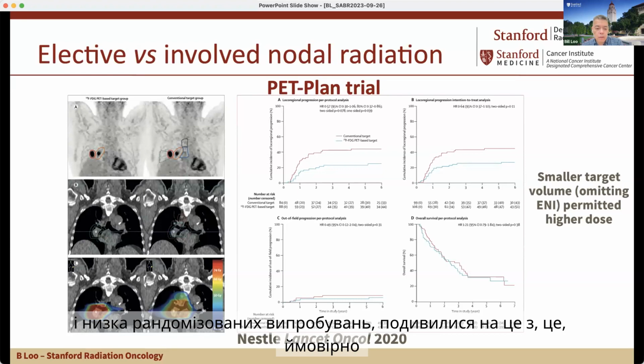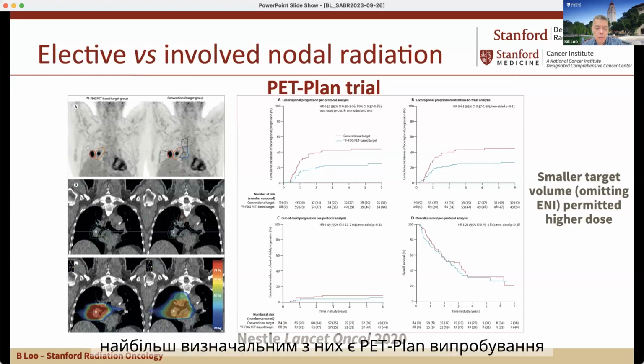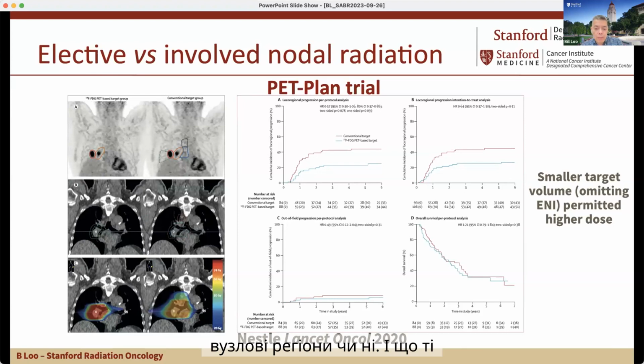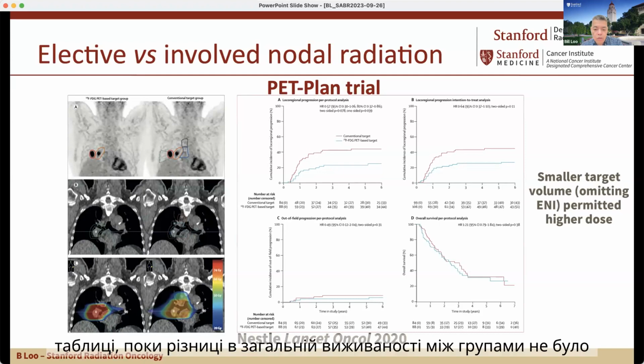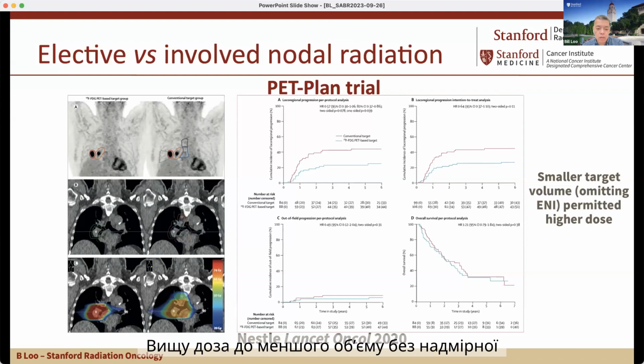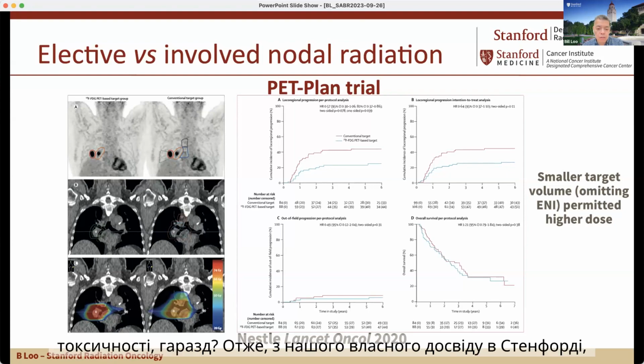This is probably the most definitive one, the PET-Plan trial, where patients were randomized to treating PET negative elective nodal regions or not, and found that while there was no difference in overall survival between the groups, there was actually an improvement in local regional control in the patients who had no elective nodal radiation, so involved field alone, which actually allowed giving a higher dose to the smaller volume without excessive toxicities.